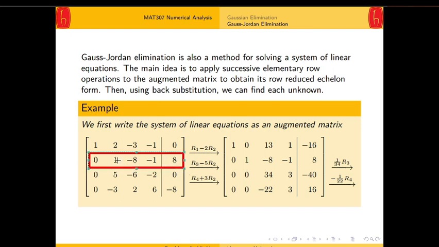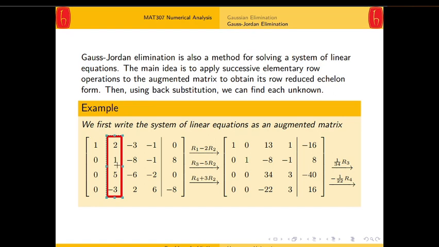Here we have 1, which is nice, and also we basically made it 1. So we use this 1 to eliminate all the other entries in its own column, because in the row reduced echelon form, the leading entry is the only non-zero entry in that column.